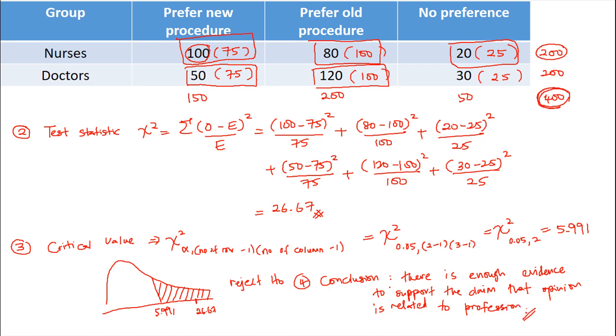Okay, so this is the conclusion. Okay, this is the test of independence using the chi-square distribution if the data is in a contingency table.